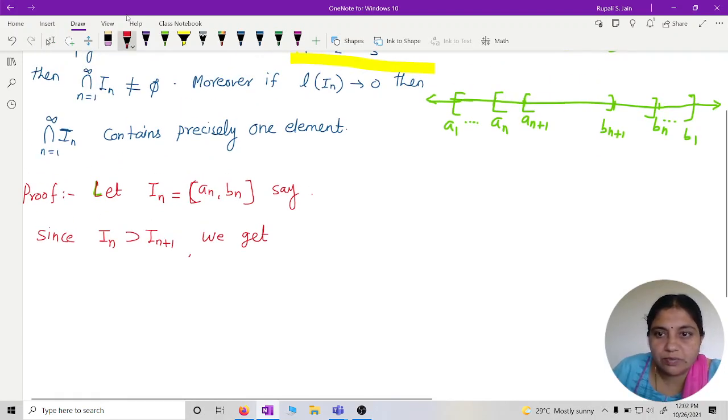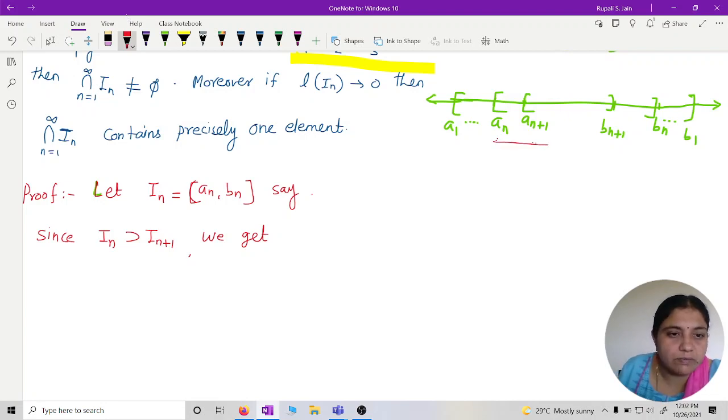What should be the relation between An and An plus 1? An must be less than or equal to An plus 1 for all n, right? Since In contains In plus 1, An must be less than or equal to An plus 1 for all n.